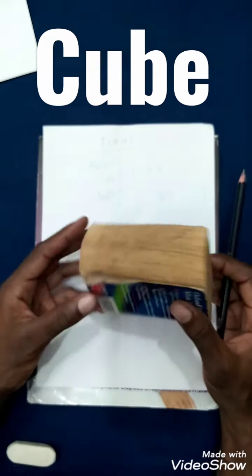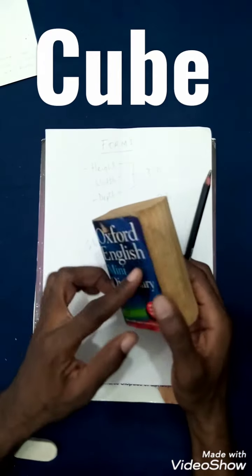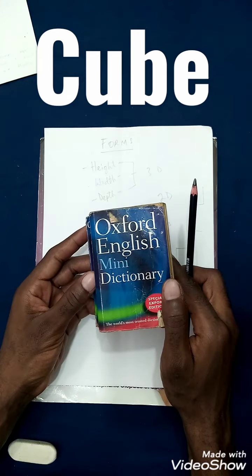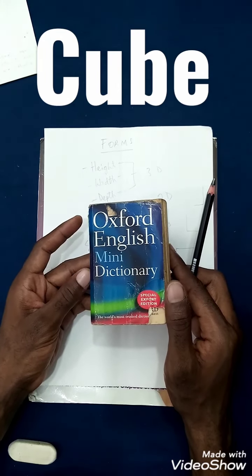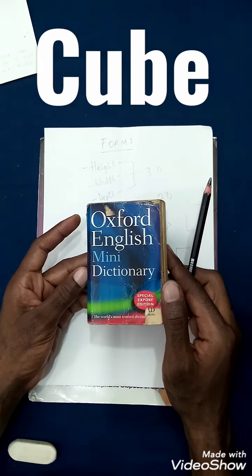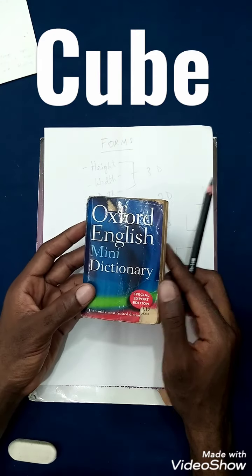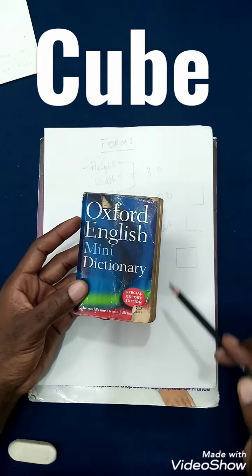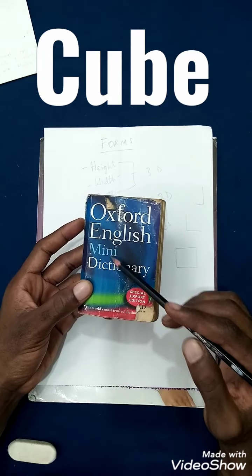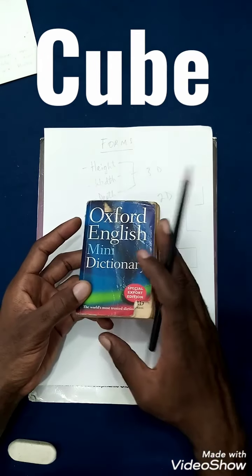For example, if I want to draw this book, you see a dictionary, but if I want to draw this dictionary, I see a cube. So I'm going to draw the basic form, which is the cube of this dictionary, first, before adding the details later on.